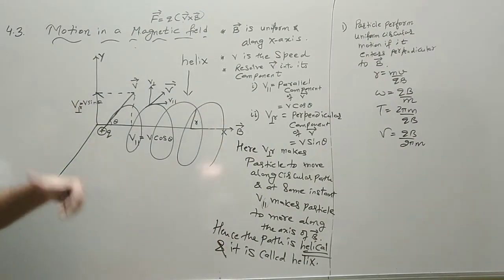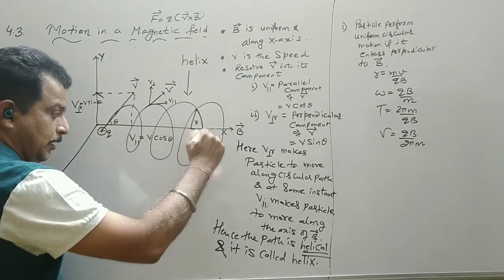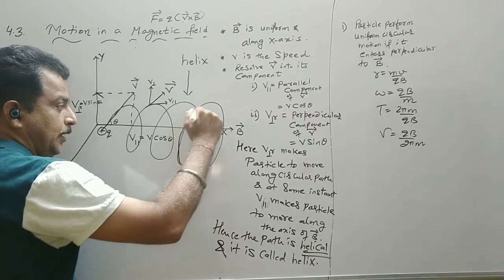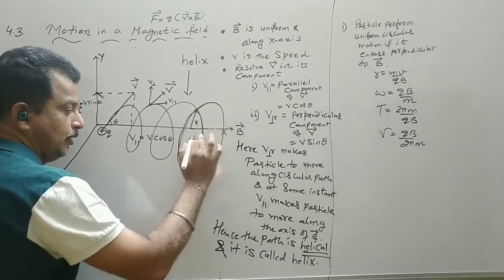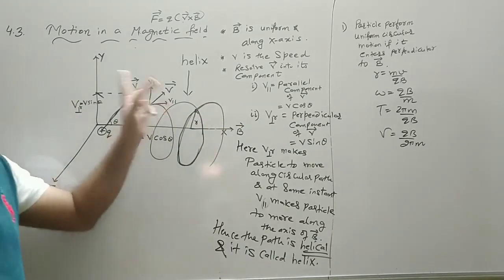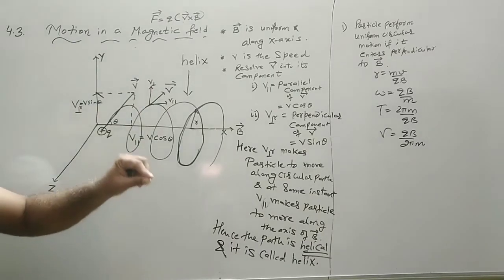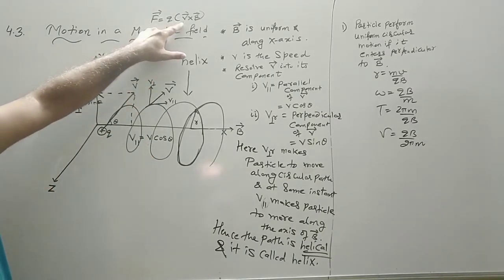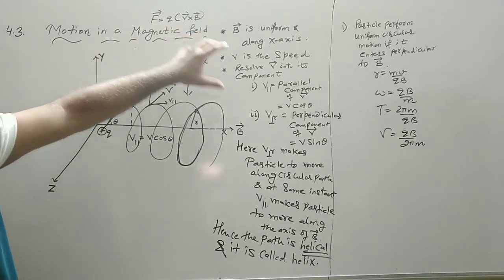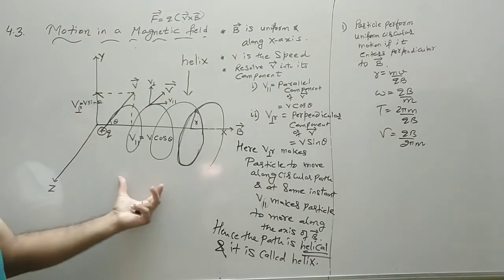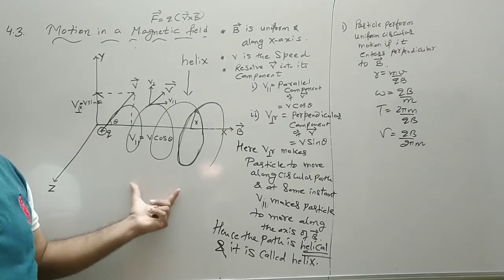Now we have to determine the radius. So this circular path is due to the perpendicular component. So again, in our formula, we will use the symbols separately. We will deal with the perpendicular component and the parallel component.